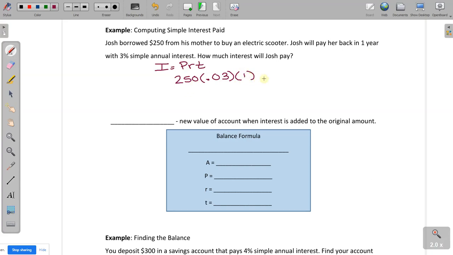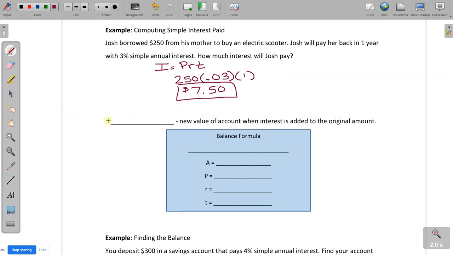So we don't need the 1. We can just do 250 times 0.03. And when we do 250 times 0.03, we get $7.50. So that's the amount of interest he's going to pay back to his mother.